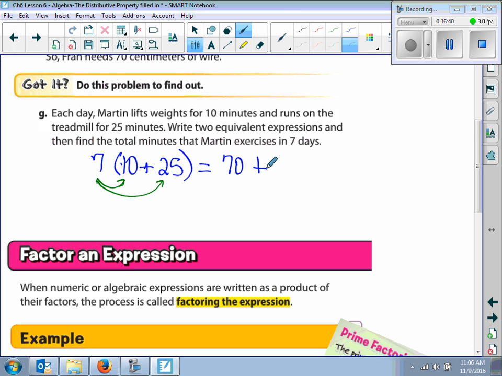We should be writing this down. And when we add that together, what do we get? 245. Very good. 245 what? Minutes. Good. 245 minutes exercising in 7 days.